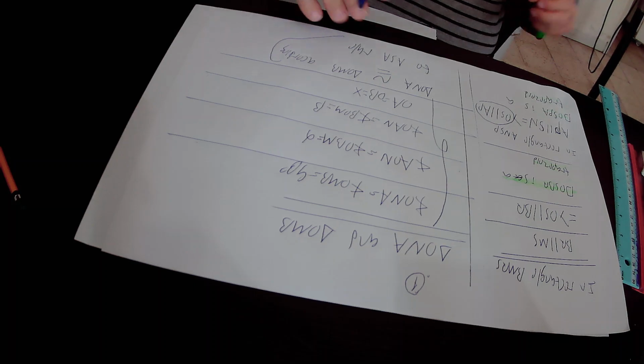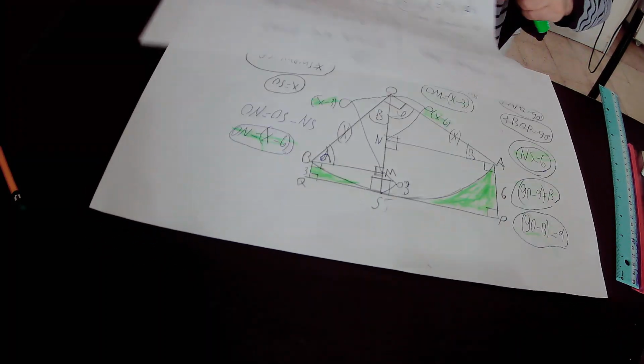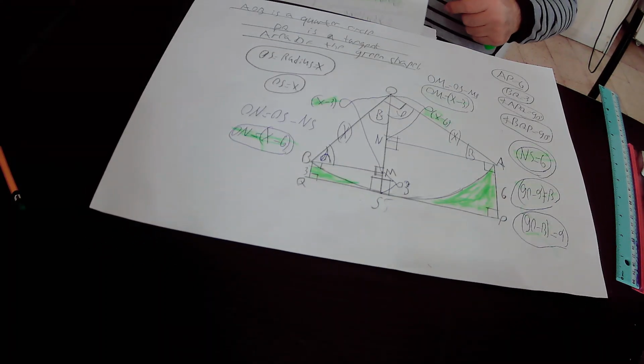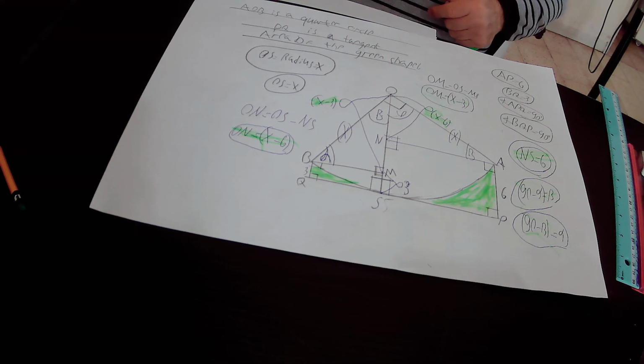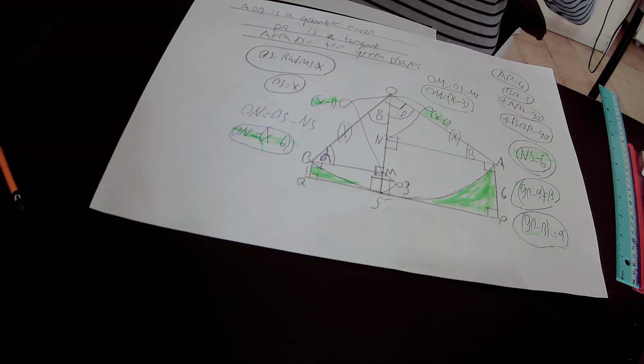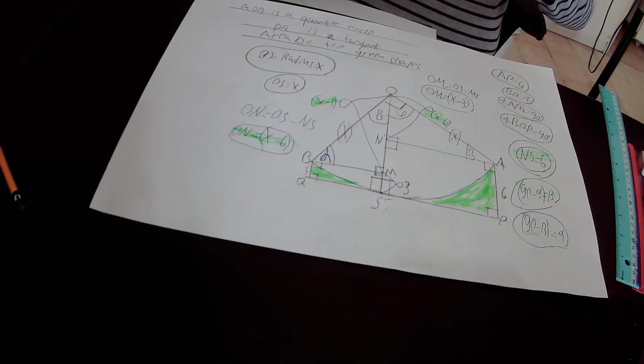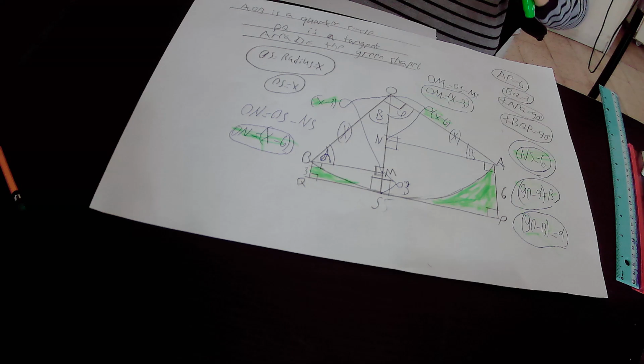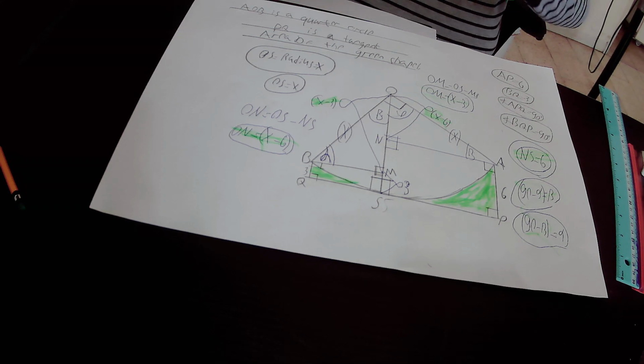Okay, so what is the angle side angle rule? The angle side angle rule is that if we prove that two angles and the side that is included between the two angles in one triangle are correspondingly equal to two angles and the side that is included between the two angles in a second triangle, then we actually proved that the two triangles can go into each other according to the angle side angle rule.